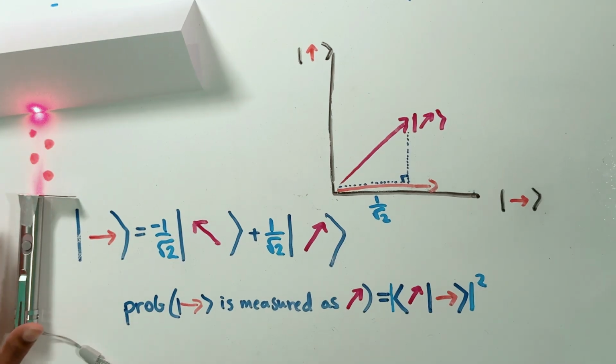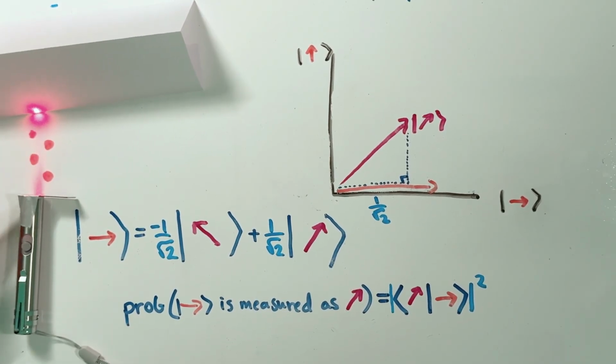At least for me, it was really tempting to think that there are little particles coming out of this light, and those particles are called photons. And when you turn this light down a whole lot, eventually you only have a few photons coming out per second.